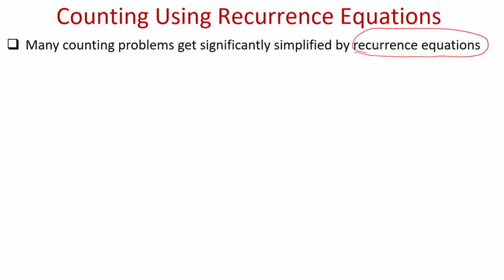You must have encountered recurrence equations of the following form. We all know the factorial function, where factorial of n is n times factorial of n minus 1. This is a recursive function in the sense that the value of the factorial function on input n is expressed in terms of its value on smaller inputs.